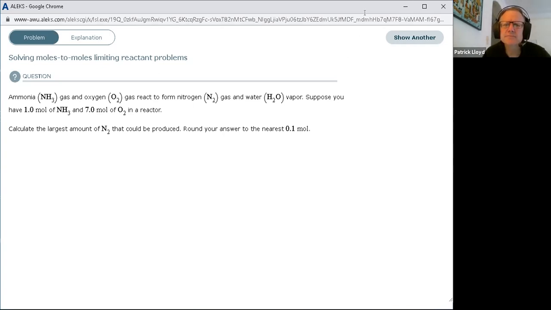Interesting reaction. So ammonia and oxygen form nitrogen and water.